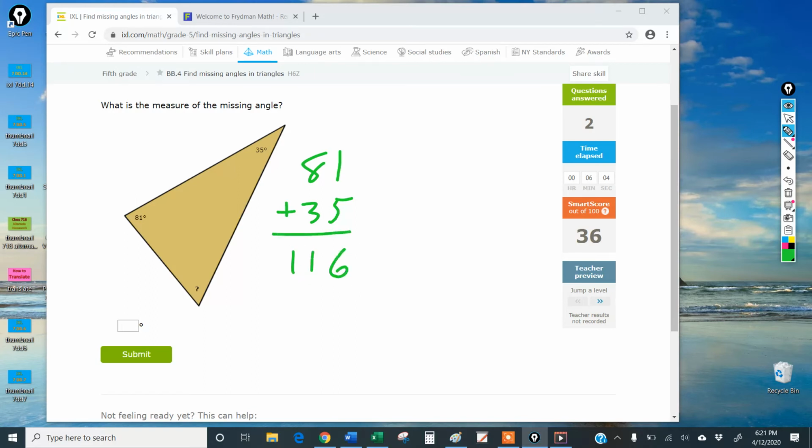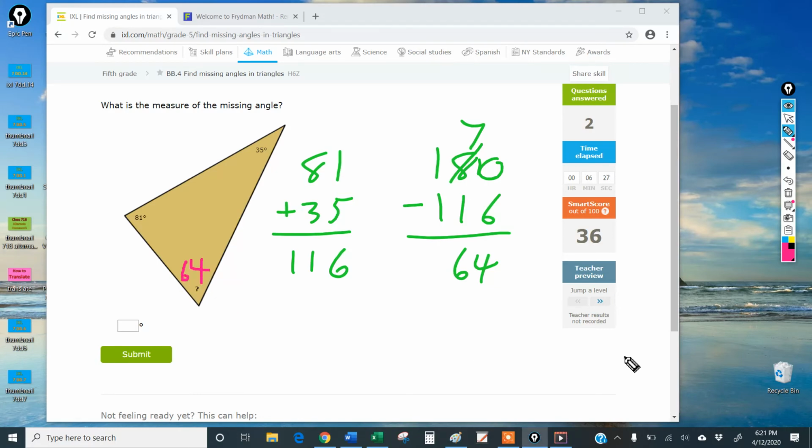That would give you 116. And then just do 180 minus 116. That would be 64. And then just to check that you got the right answer, so this angle over here must be equal to 64 degrees.